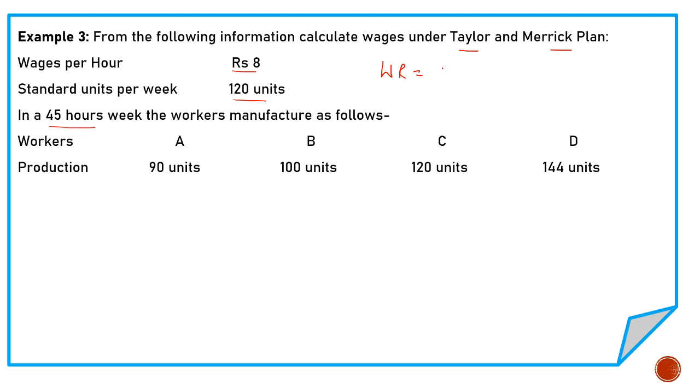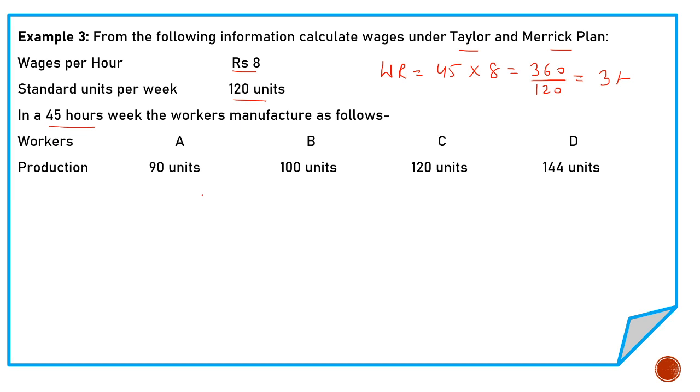Number of hours given by the company to work is 45 hours per week and wage rate per hour is 8 rupees. So the worker's wages for a week is 360 rupees and the standard output decided by the company is 120 units. So when we divide 360 by 120, we get wage rate per unit, that is 3 rupees.